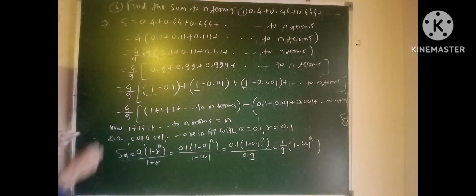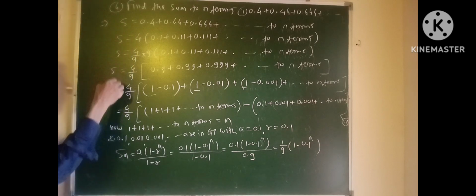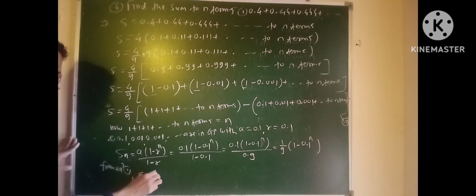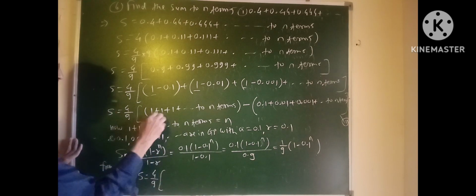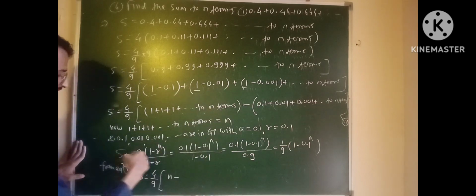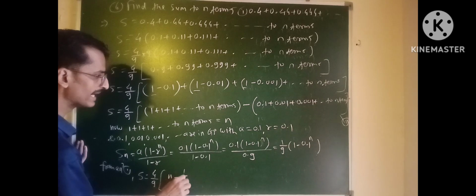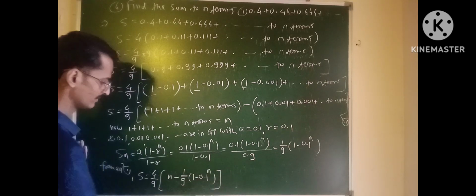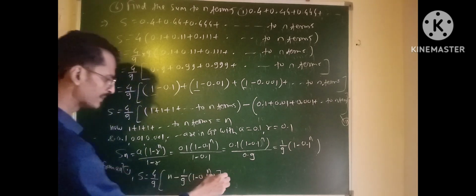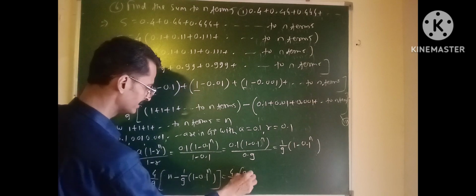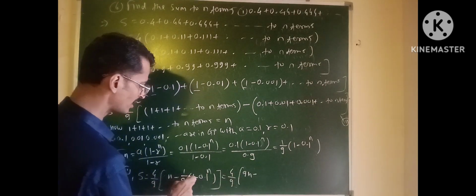So, from equation 1, this is what? This is S. We write this as S. So, from equation 1, S is 4 by 9. This is what? N minus, this second is this Sn, that is 1 by 9, 1 minus 0.1 raised to n. So now solve by cross multiplication. 4 by 9, this is 9n minus of this.